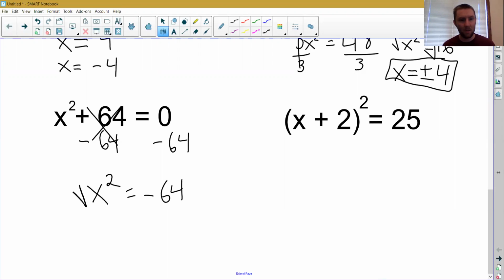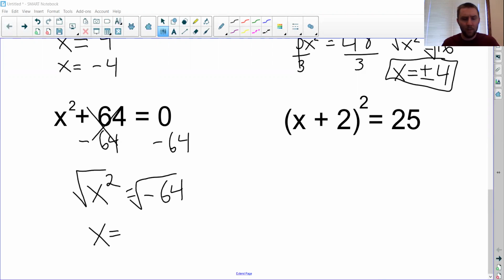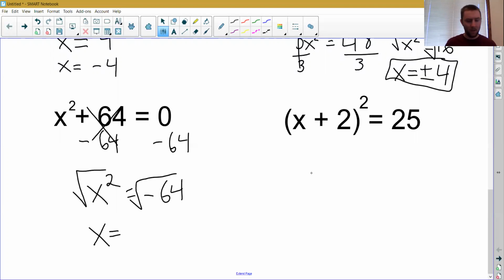I can unsquare that side, and I can unsquare this side, and I get x equals, what is the square root of negative 64? The square root of negative 64 is, let's see, oh wait, we aren't allowed to do that, are we? We can't do the square root of negative 64, and I can prove it to you on the calculator.